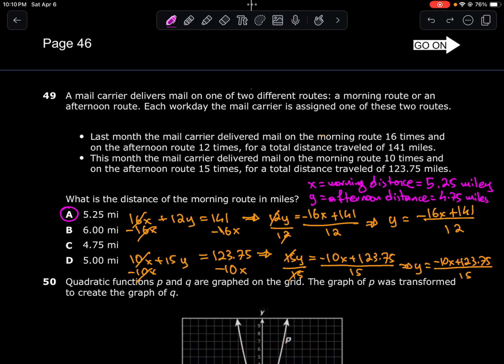But what was that x exactly? Let's see. That x looks like it's going to be distance, and that would make sense because they give me miles, the total, and this is 16 times. So 16 times the distance of a single morning route plus 12 times the distance of a single afternoon route is 141.